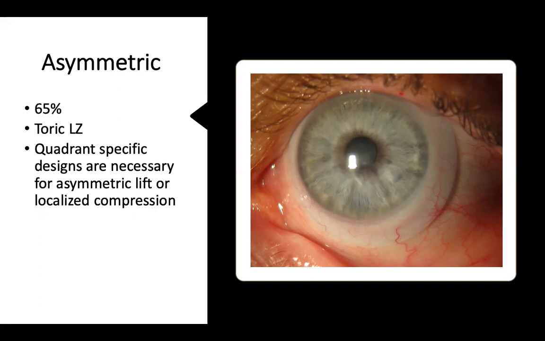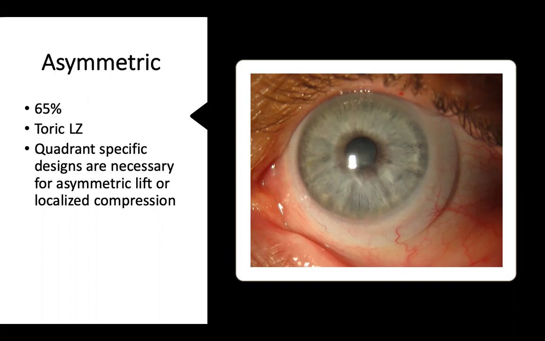En muchas ocasiones no necesariamente va a ser requerido un cuadrante específico, sino que se puede adaptar un lente con toricidad en las zonas de aterrizaje que vamos a tener un resultado bastante bueno, ya que va a evitar el toque en las partes más curvas.